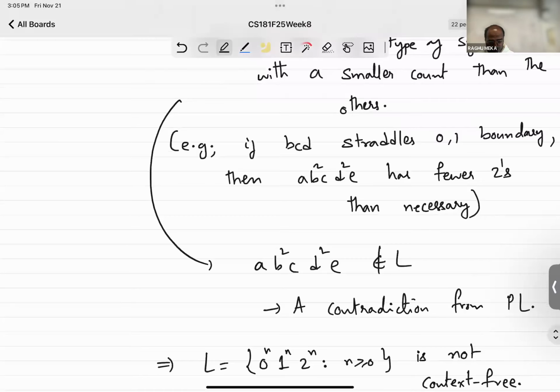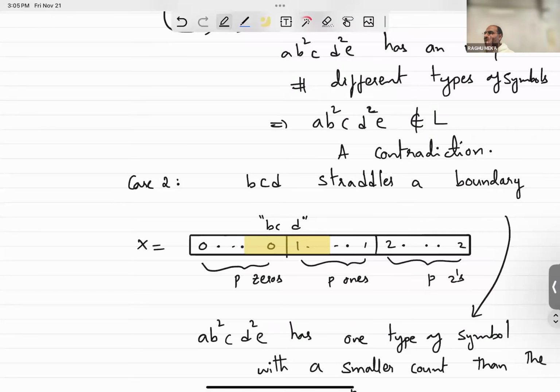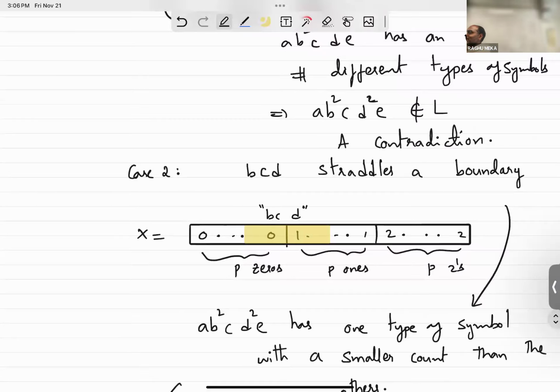Like there's no control on where this repeating piece BCD occurs in the string. I think this was helpful in simplifying the arguments in the pumping lemma, right? It only had to occur in the first p symbols. But now this piece BCD can kind of move around anywhere. The only thing that we know is that its total length is at most p. Okay, we can exploit that anyway.